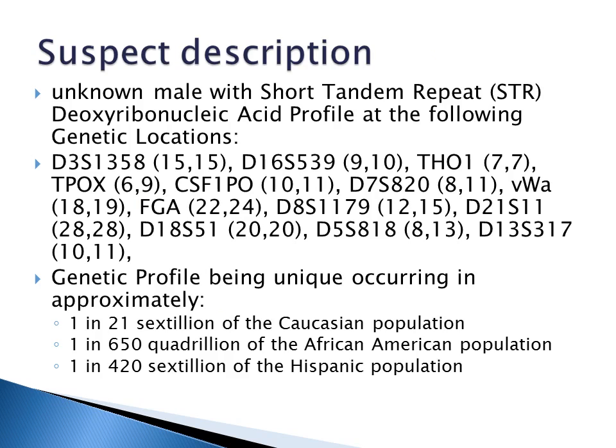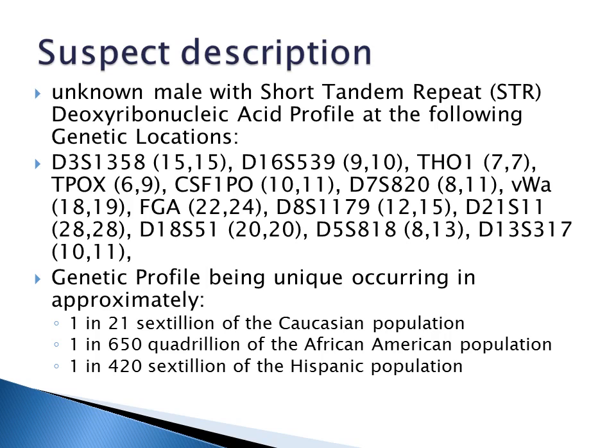So in this case, an unknown male with a short tandem repeat DNA profile at the following genetic locations. At each location, you can see the genotype. So at the D3S1358 locus, the genotype is 15, 15. The TH01 locus, the genotype is 7, 7.